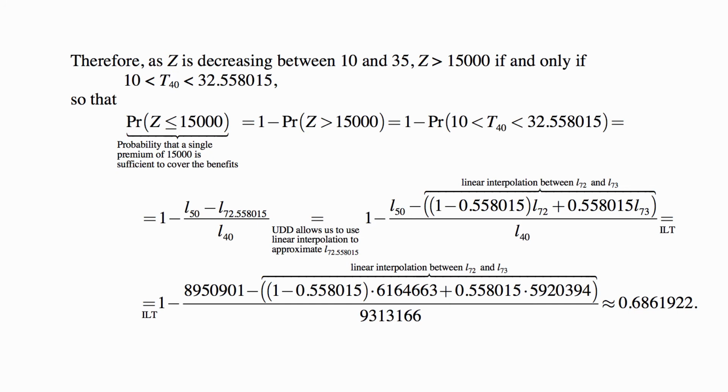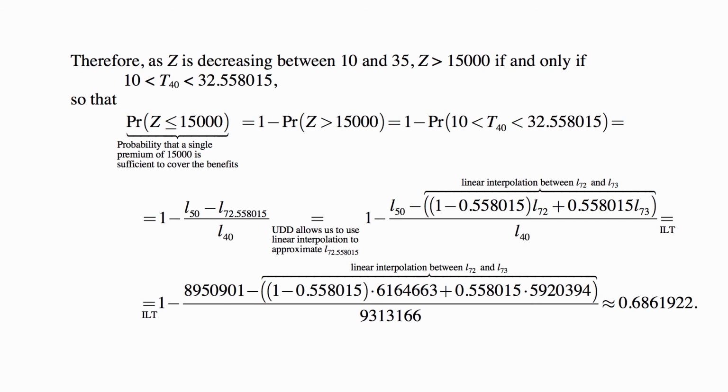Now, L50 and L40 are given in the table, and we can use linear interpolation between L72 and L73, and it will be precise because we are told that the uniform distribution of deaths in the year of death rules.